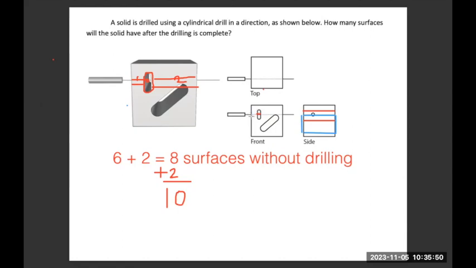The drill part will show this much here, this much here. One part on this side of the drill and another part on this side, which is the circle you see in the side view. So in the front part, the drill will actually look something like this.